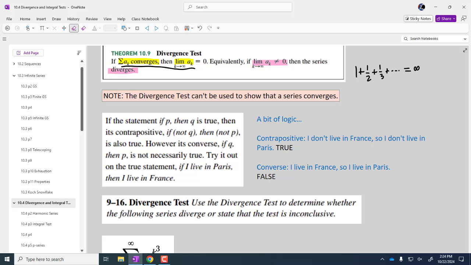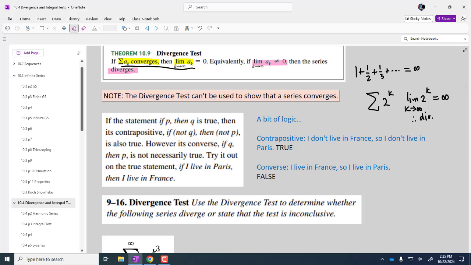You're done. If you just look at a simple series like this, it's geometric. Does that series diverge or converge? Well, if we take the limit of 2 to the k as k goes to infinity, that's infinity. Therefore, this series must diverge. So if the limit of a sub k is not 0, you know instantly that it diverges.